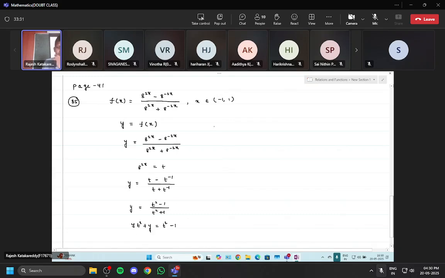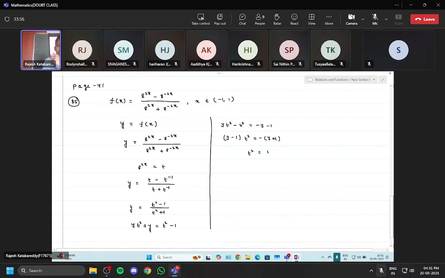Interchanging t square and y, this becomes y into t square minus t square is equal to minus y minus 1. So y minus 1 into t square is equal to minus 1 into y plus 1. t square is 1 plus y by 1 minus y.